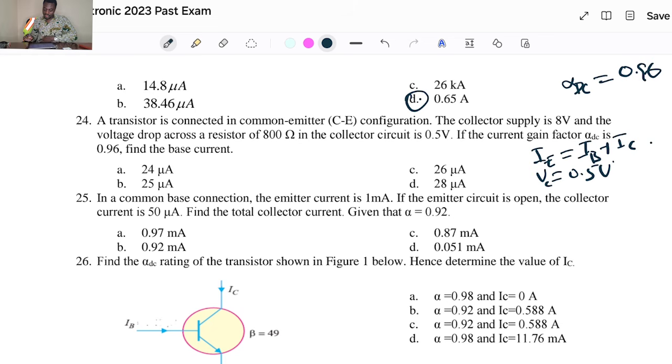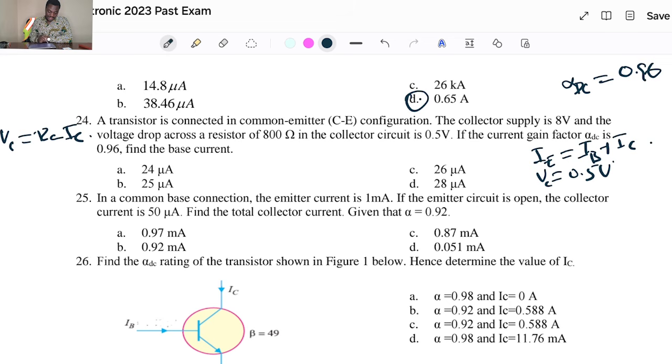And we know VC is equal to RC, the load resistance, times IC.